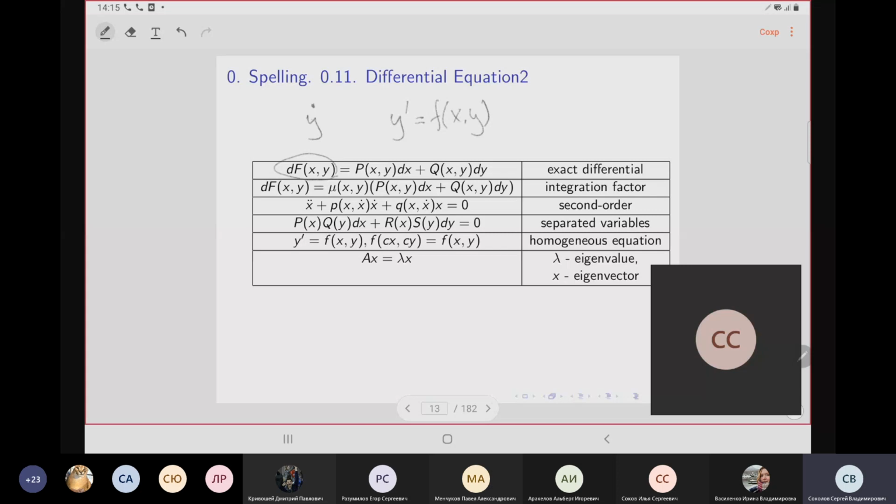If we rewrite it in differential form, dy divided by dx is our f of x, y.